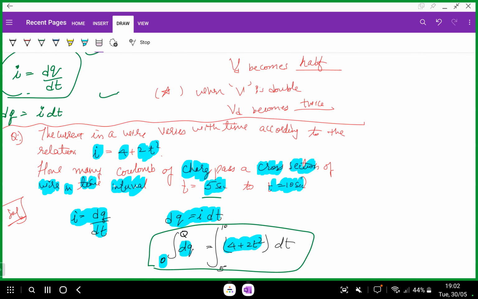Rituraj, are you solving? What's the answer?